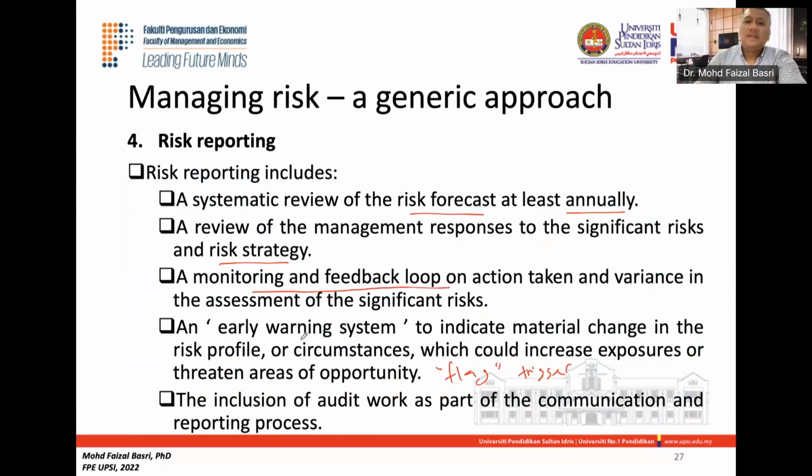And obviously, we must include audit work as part of communication, because as I mentioned earlier, audit will be one of the key sources of information with regards to the identification of risk. At the same time, audit reports will be a medium or a tool to communicate the reporting process.